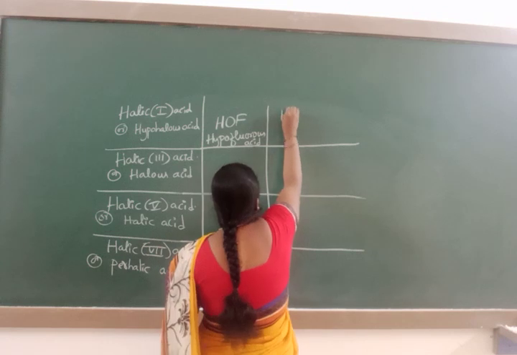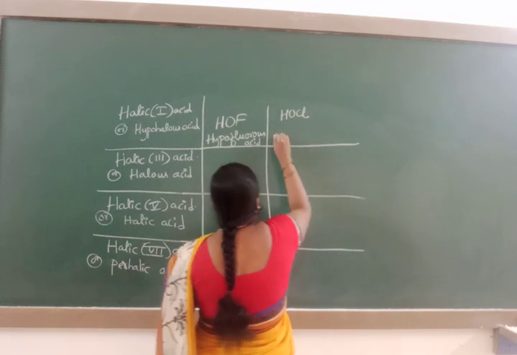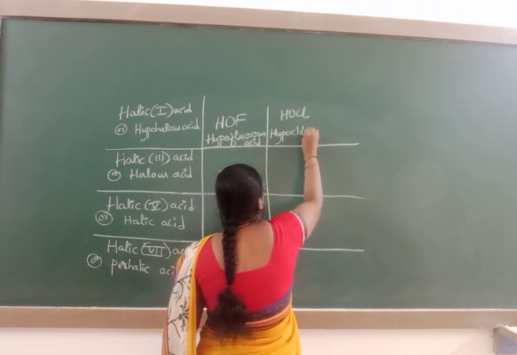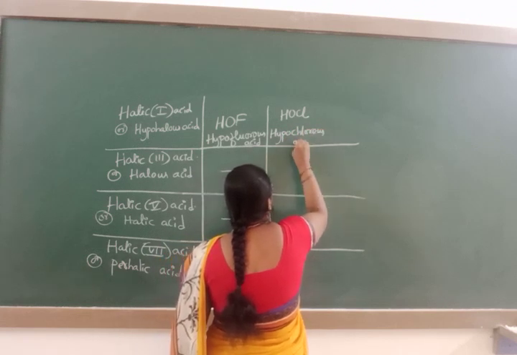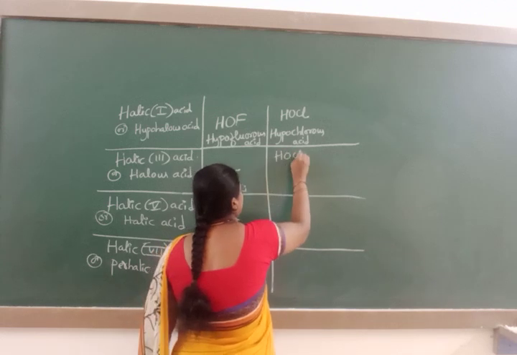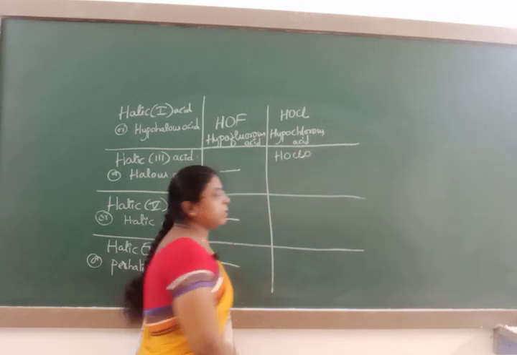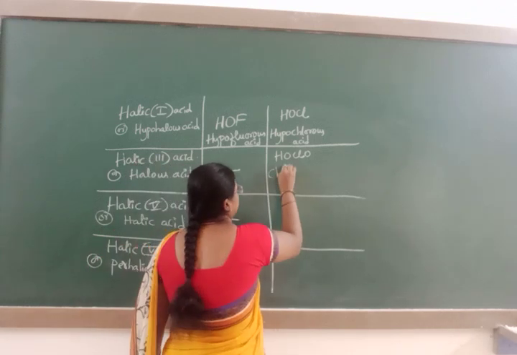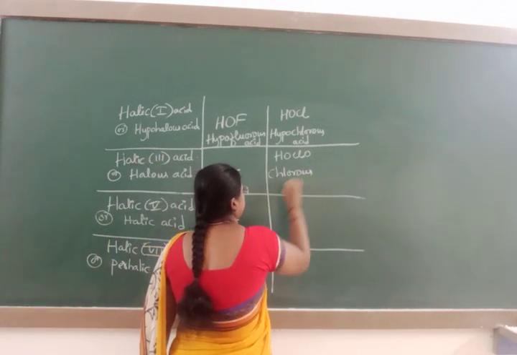After fluorine comes chlorine. HOCl is known as hypochlorous acid. It exists as HOClO, or you can write it as HClO2. It is chlorous acid.